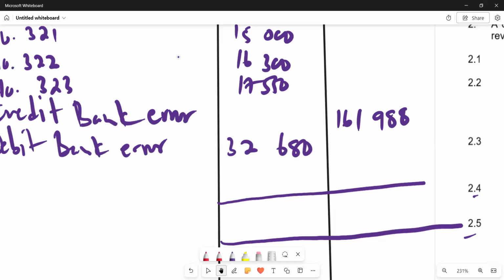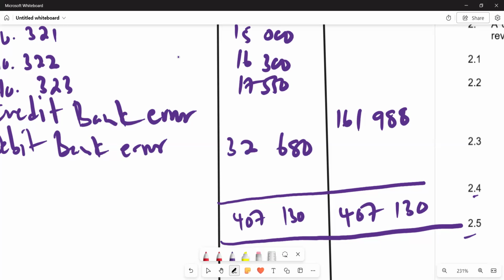So it's a total of 407,130. So we are saying 407,130, which is the total of the debit side, which is a greater total, which is also supposed to come on the credit side, 407,130. So it means our credit side is the smaller side.